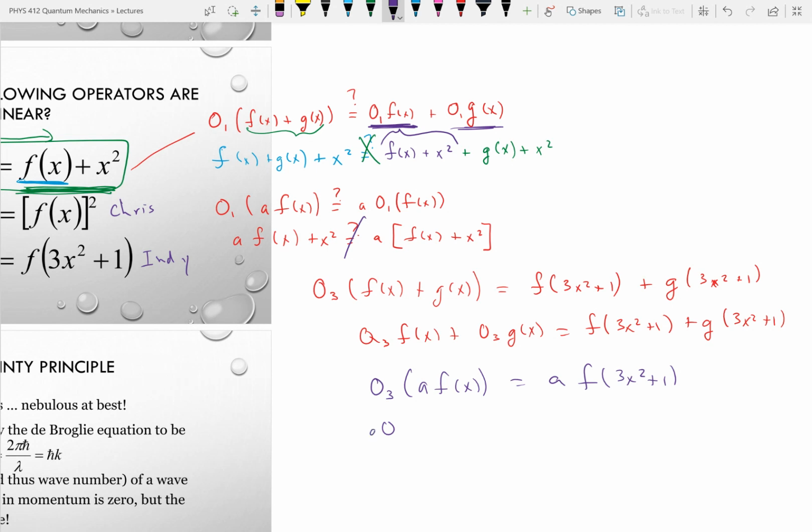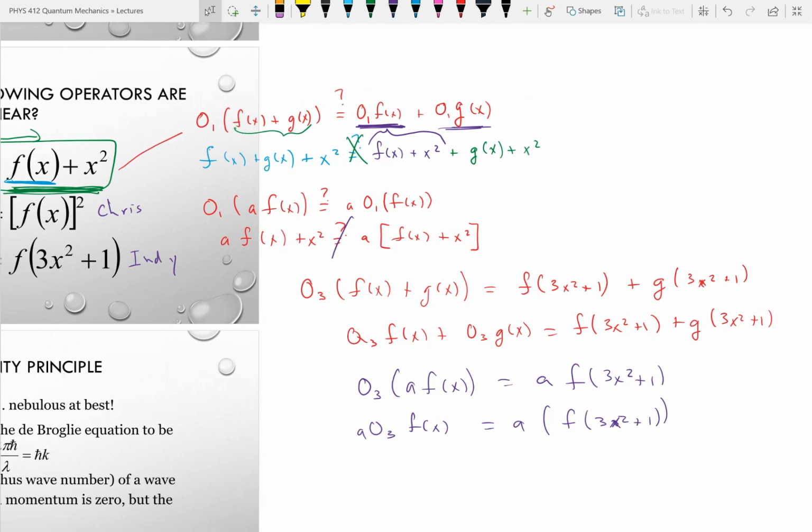And there you have it. They're the same. And so it passed both tests. Okay, so whenever you do one, you have to go on to the other one then? Yeah, if it passes the first one, you have to do the second one because it has to obey both of those rules. Right. But if it fails one, you don't have to do the second one because it failed.